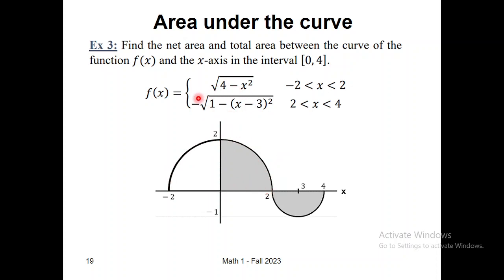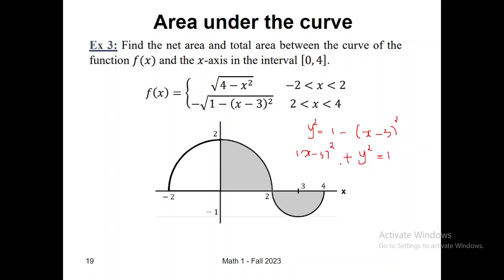And now you can consider also the graph of this function as we did in the previous example by saying that if we name this function to be y and make squaring, then we have y squared equal 1 minus x minus 3 all squared. If you collect x and y on one side, you have x minus 3 all squared plus y squared equal 1.